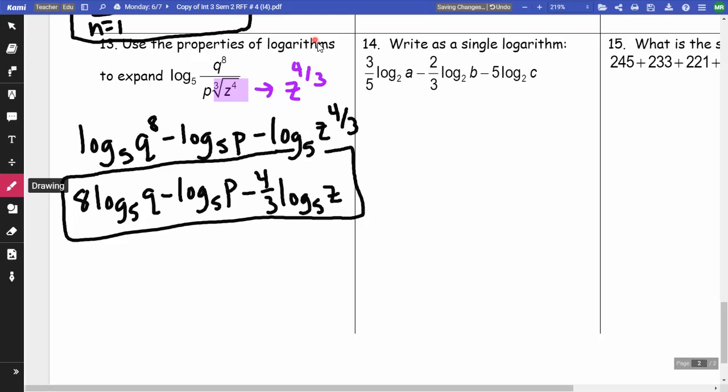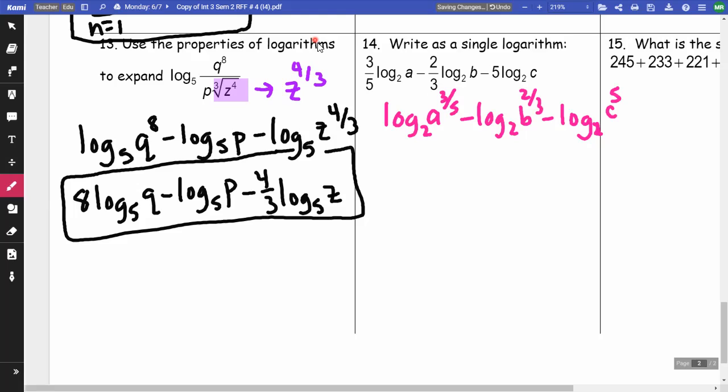So again, let me just do it step by step. So this is going to be log base 2 of a to the 3/5, and I'm going to change that around in a second, minus log base 2 of b to the 2/3 minus log base 2 of c to the 5th.